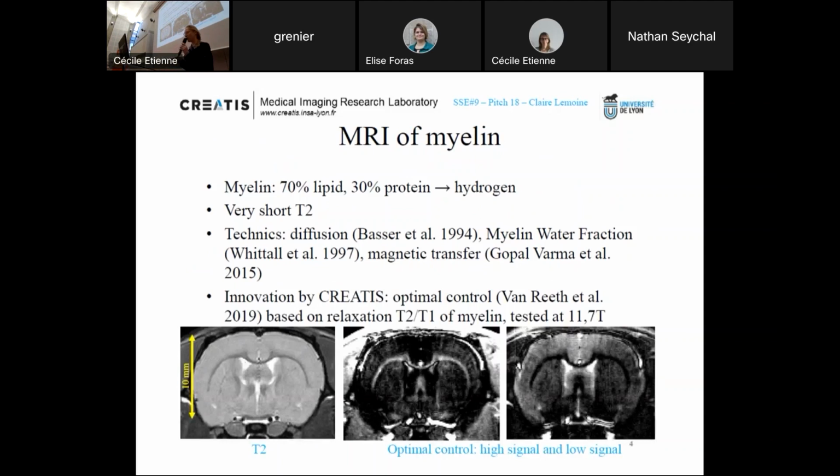So techniques were developed, and especially at CREATIS, they developed the optimal control to have contrast. And this optimal control is based on the T2 and also the T1. And here you can see optimal control where the corpus callosum is high signal, and here the corpus callosum is low signal.